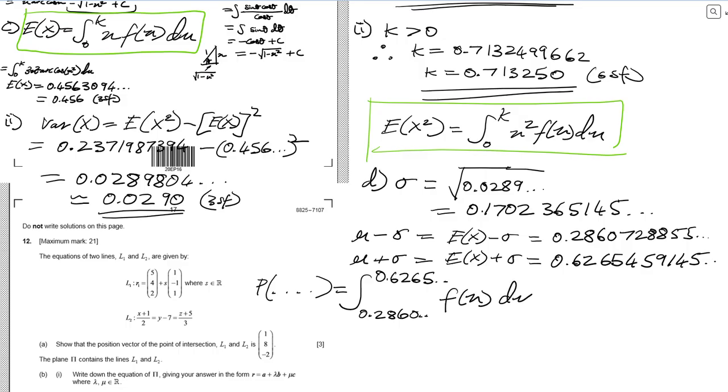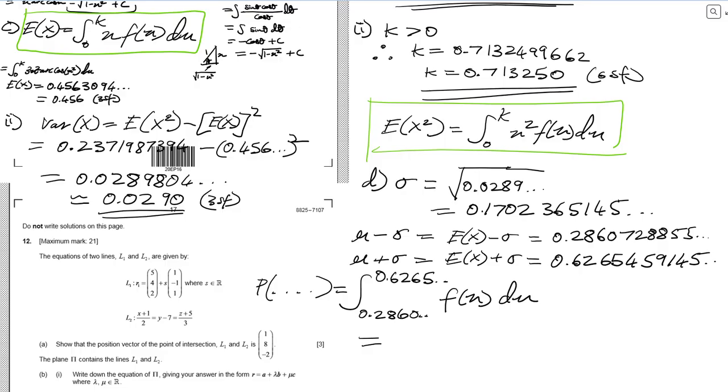That's our probability density. And so we just plug that into our calculator. No need to show. I'm gonna use the same integral, okay, and just change the bounds. So 0.6265459145, 0.28607288855.